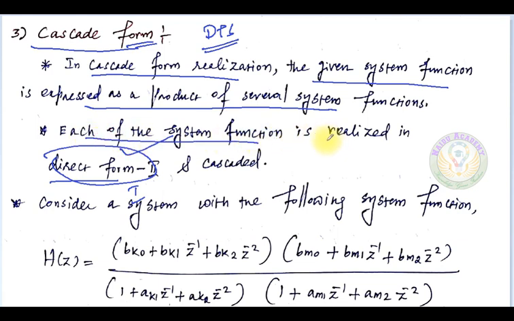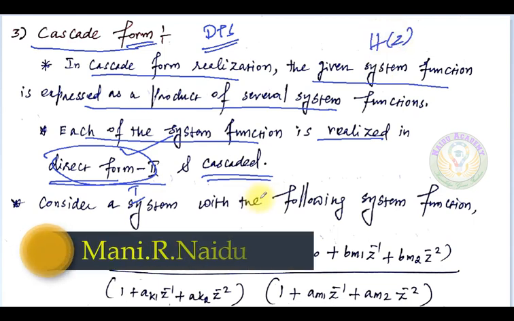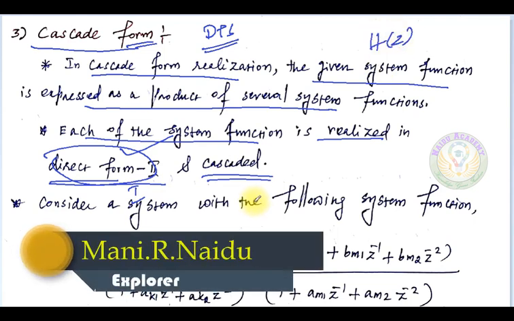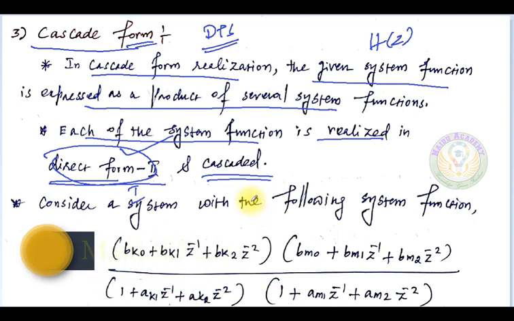Each system function can be realized using direct form 2 and they will be cascaded. So in the cascade realization, a given system function will be expressed as a product of different system functions, and they will be separately realized using direct form 2 and cascaded.